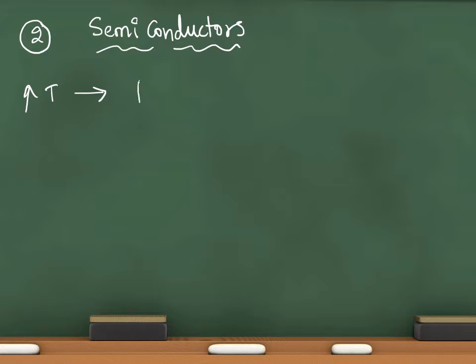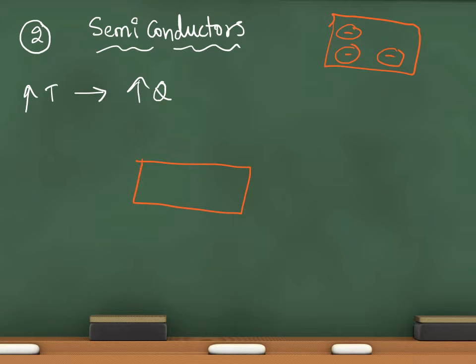There will be an increase in free electrons. In a semiconductor material we have only some free electrons, one or two.